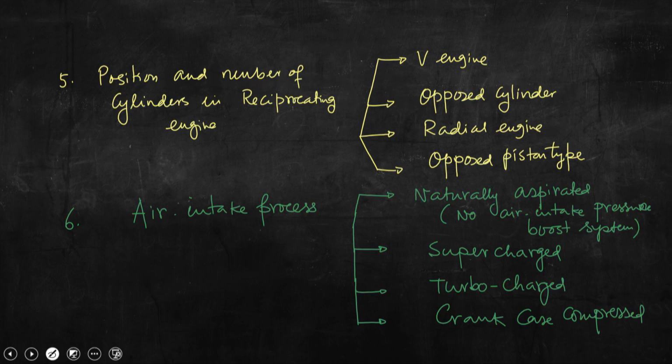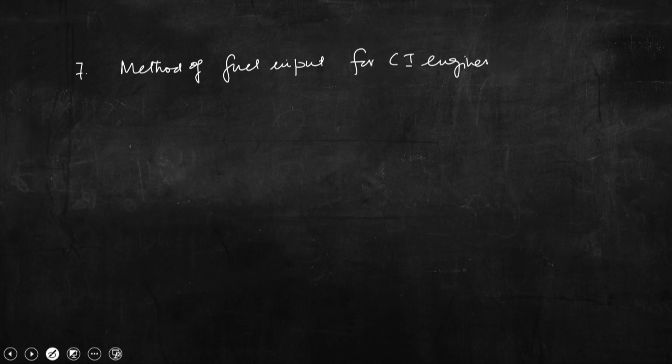We can go to the next one, that is based on the method of fuel input. That is again not applicable for SI engines, this is for compression ignition engines, right.